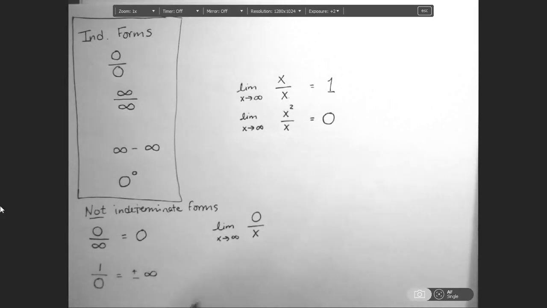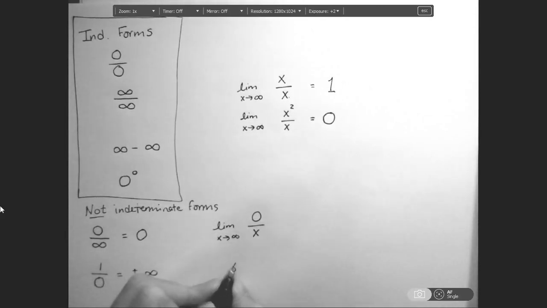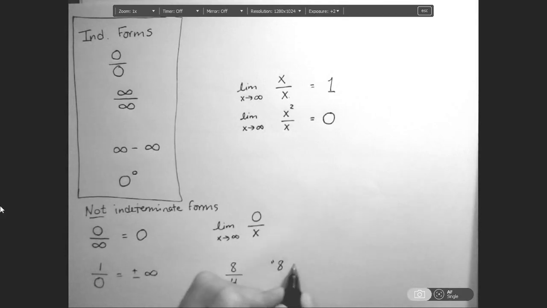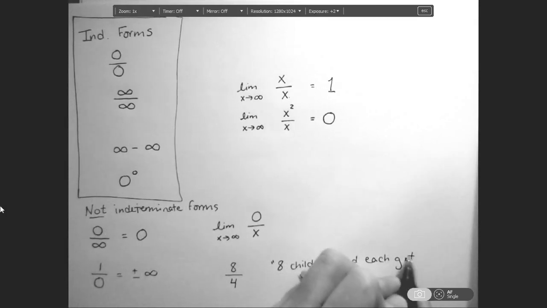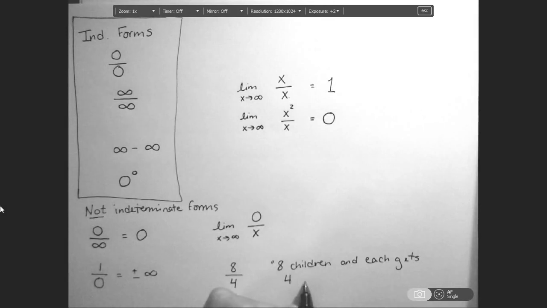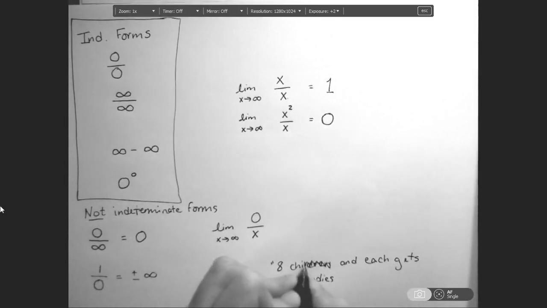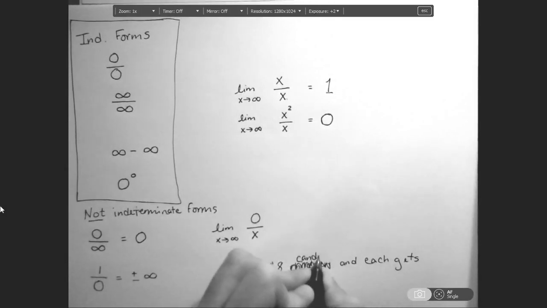Recall that when I think of the fraction of 8 over 4, I can think of, maybe I have 8 candies and each child gets 4 candies.